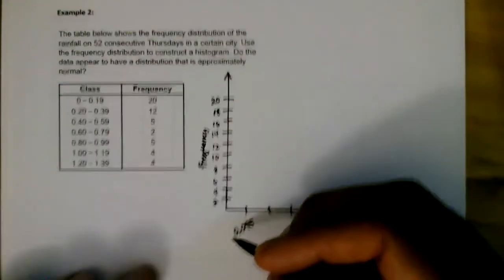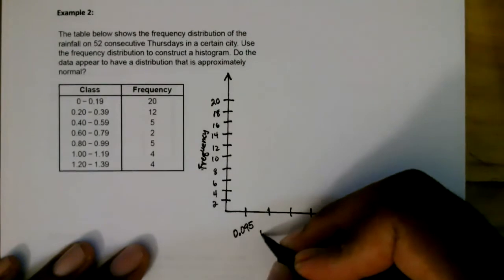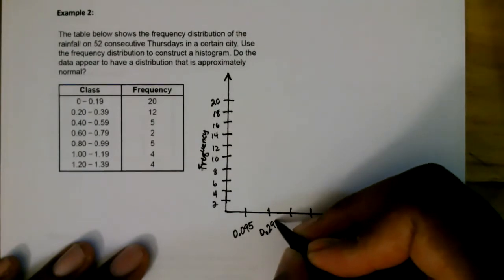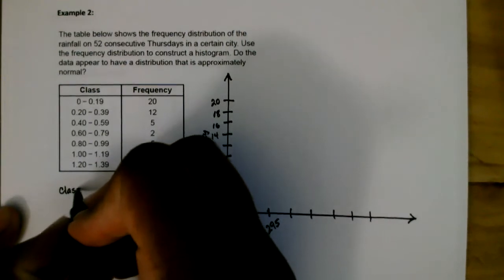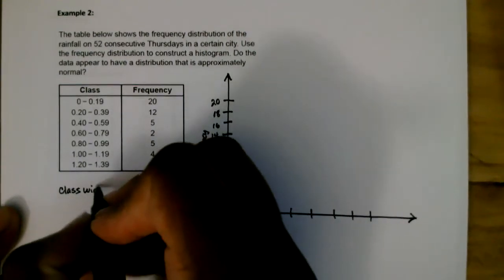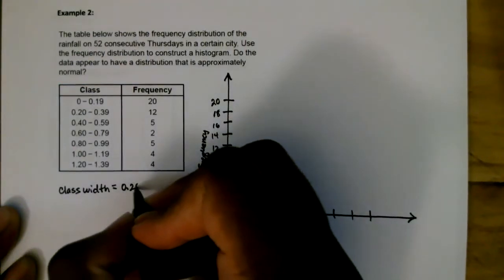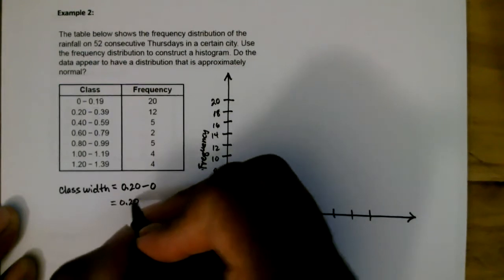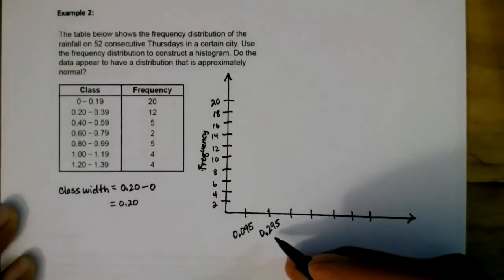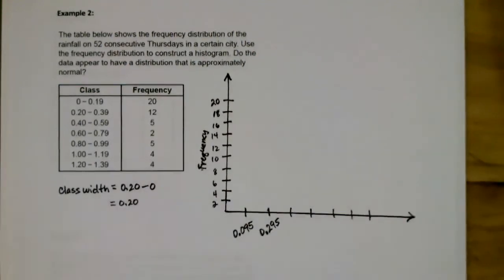So 0.095 plus 0.2 will be 0.295. Class width is 0.20 minus 0, which is 0.20, and I'm adding 0.20 each time to come up with the class midpoints.